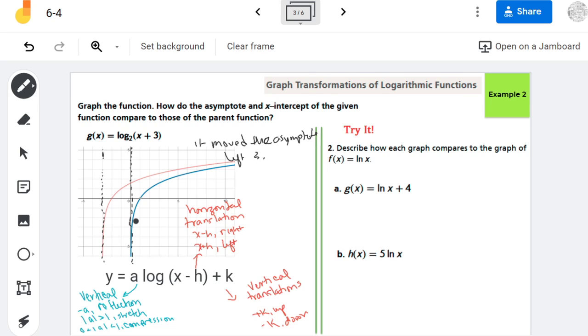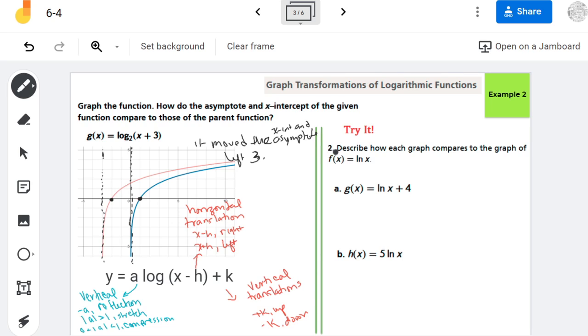If you're moving a function to the left by 3, its asymptote kind of has to go with it. And it also changed that x-intercept. So it also moved the x-intercept and the asymptote left by 3. So whenever you shift to the left or the right, it's going to move your x-intercept and your asymptote.